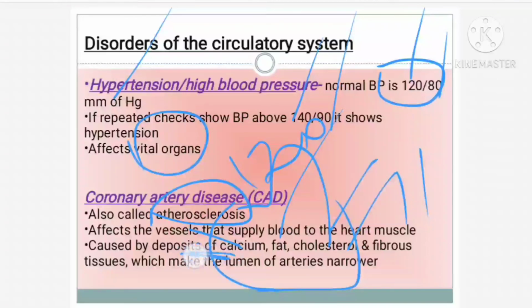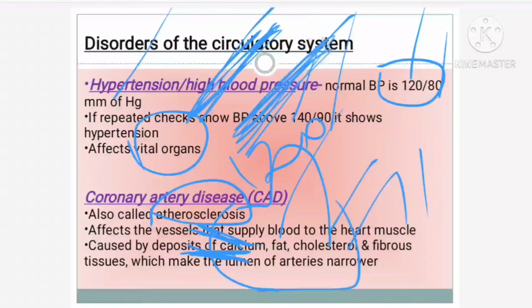In these blood vessels, if something is deposited, imagine calcium or fat or cholesterol getting deposited there, then what will happen? So this was the blood vessel, now something is deposited. It will become much narrower. Okay, so you can find it is becoming very narrow. In that case, the pressure automatically will increase, because previously the space was much, now the space has reduced.